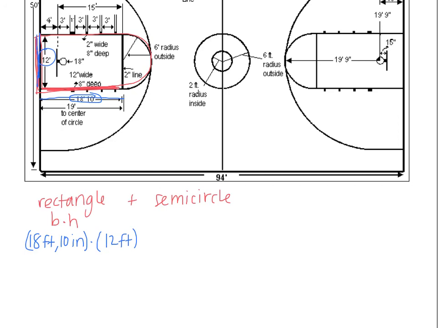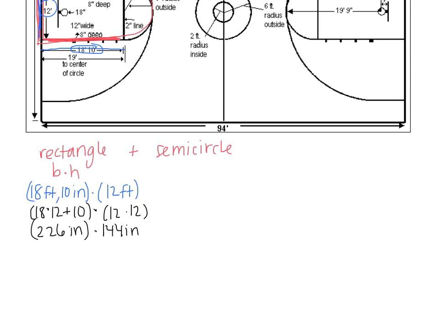So 18 feet is going to be 18 times 12. That will give me the amount of inches. And then I have those extra 10 inches. So when I do that, I get 18 feet and 10 inches is the same as 226 inches. Now for my height, 12 feet multiplied by 12 inches in a foot will give me 144 inches.